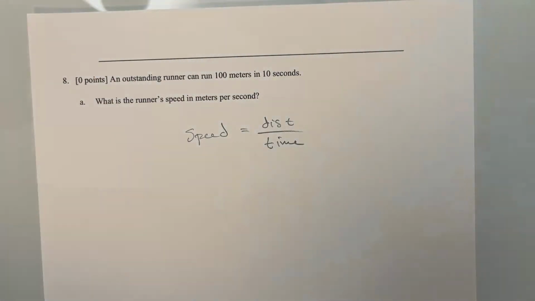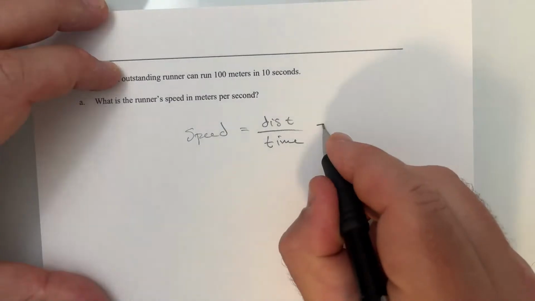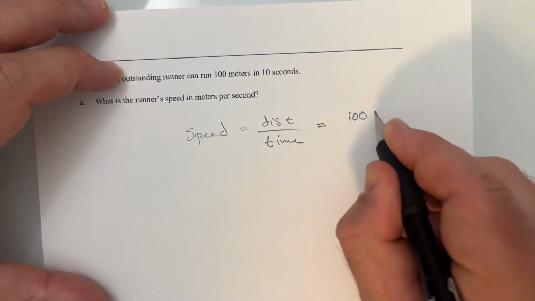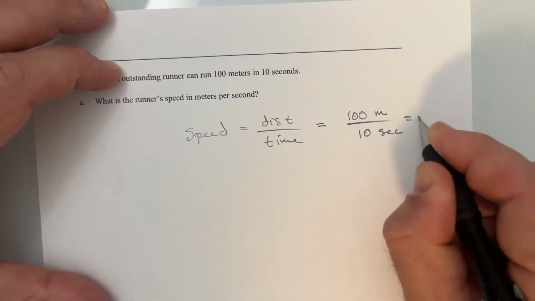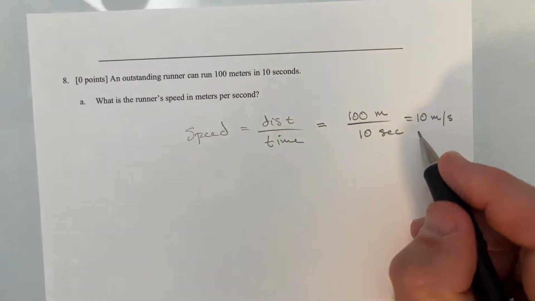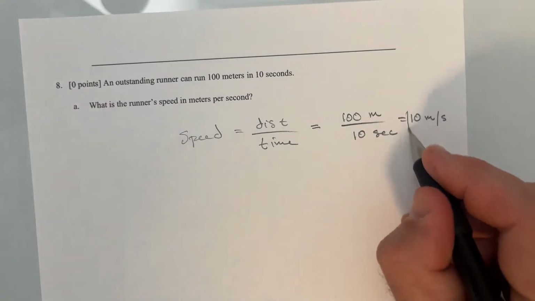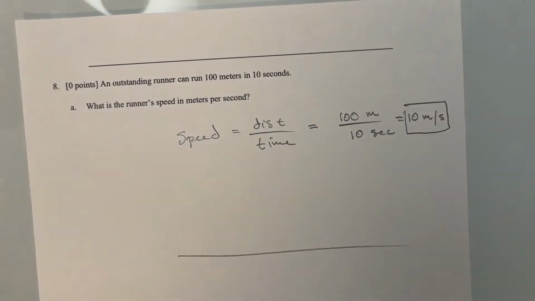It could be in a lot of different units, but we have our distance as meters in this case, and time is in seconds. So speed in meters per second is 100 meters divided by 10 seconds, and that gives us 10 meters per second. Not a whole lot to be done there.